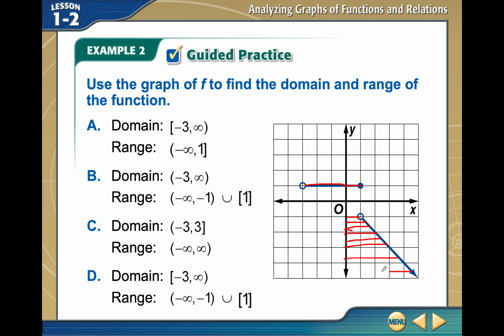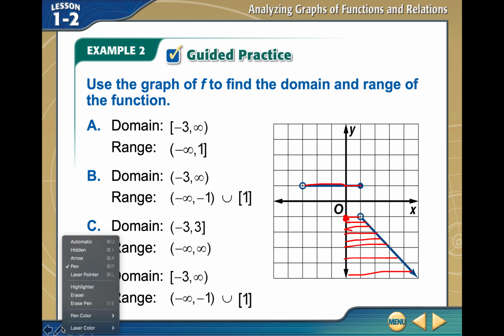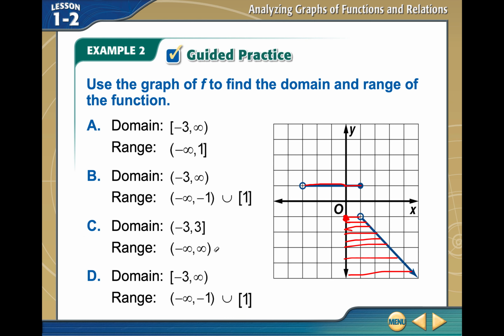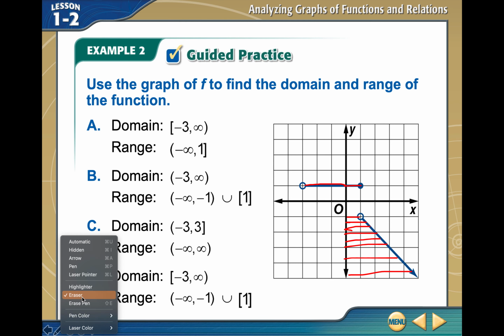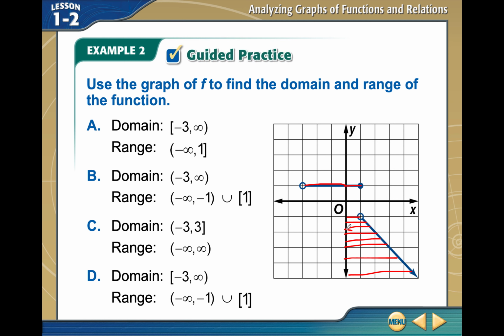Okay, so I projected all my points to the y-axis. So my range would be from this point, but okay, so let me just use the eraser. Okay, so my range should start from this point, but not including this point, because this is an open circle.